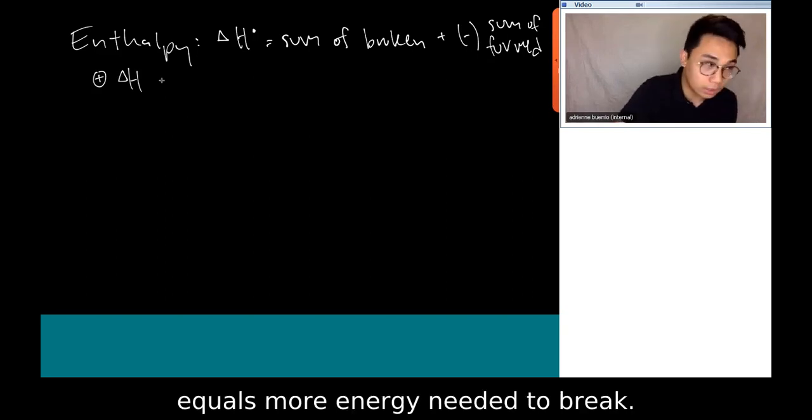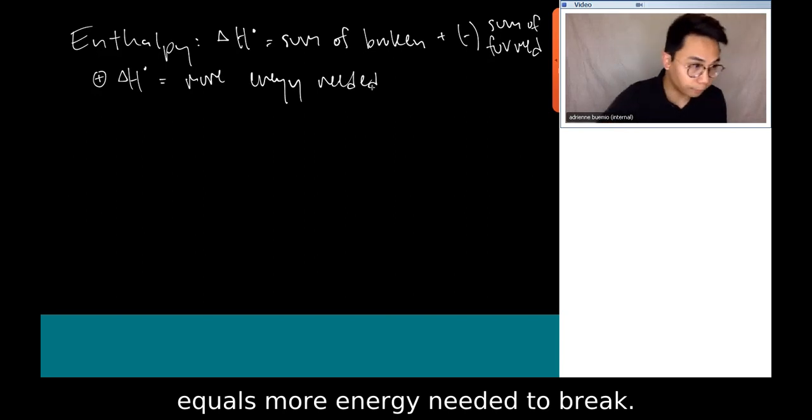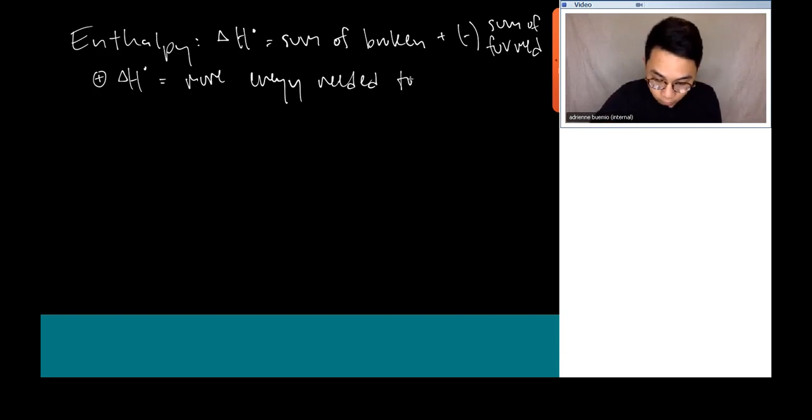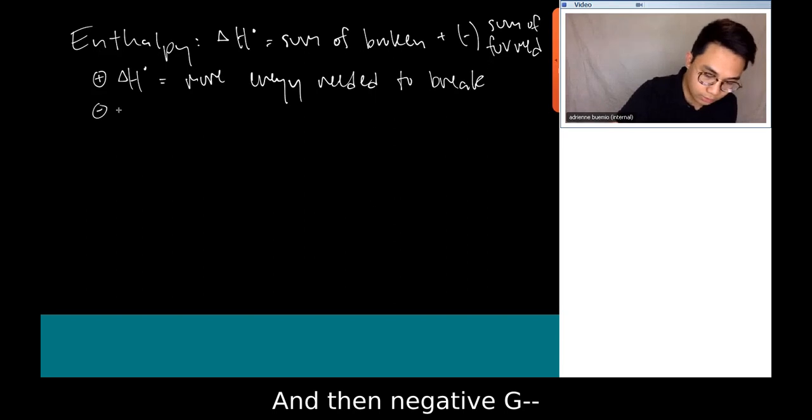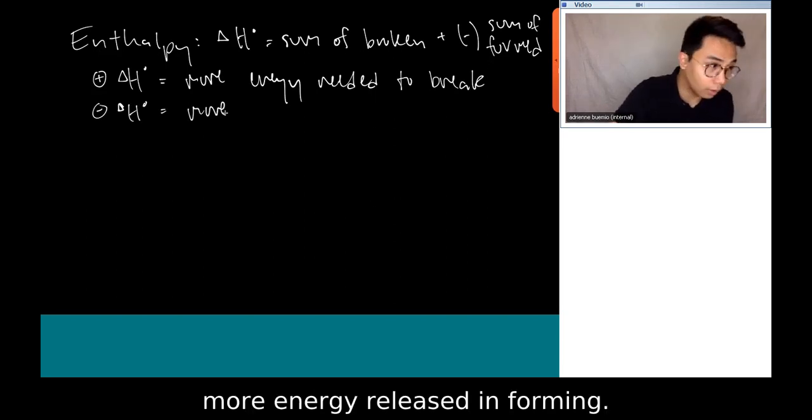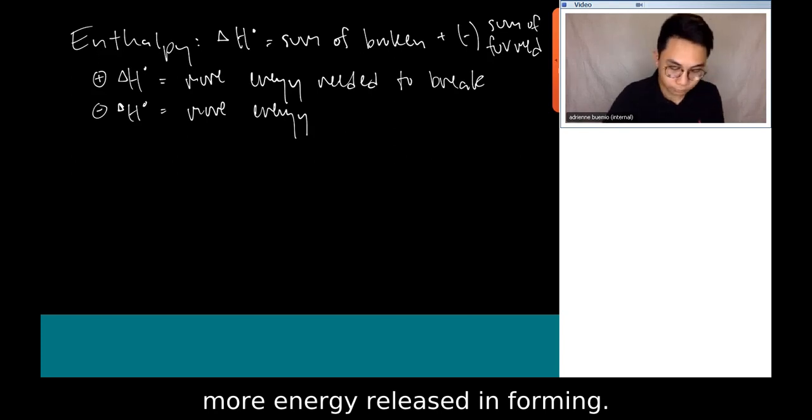Positive H equals more energy needed to break, and then negative H means more energy released in forming.